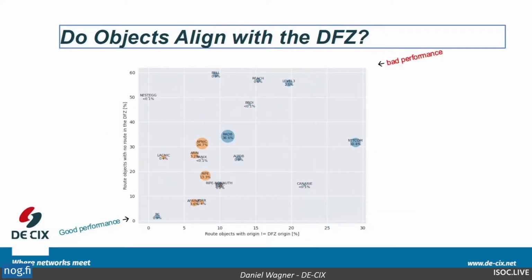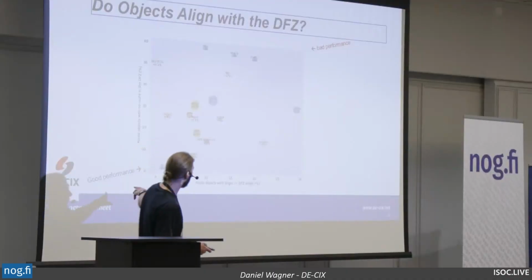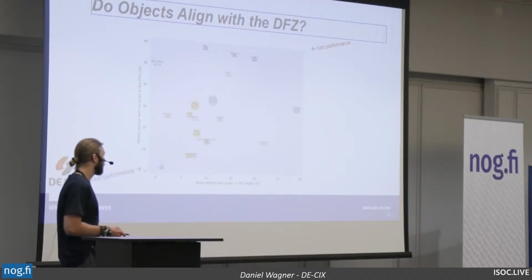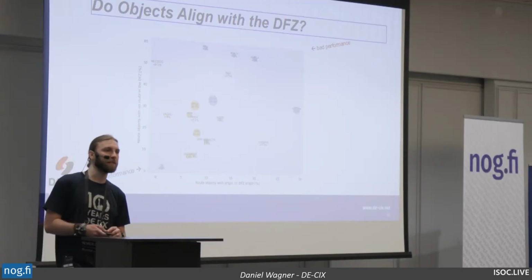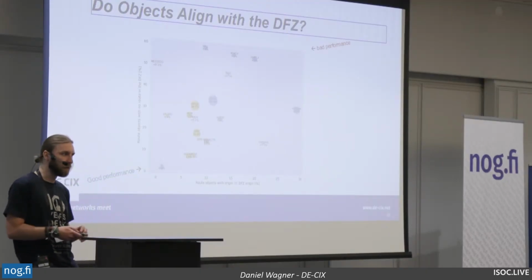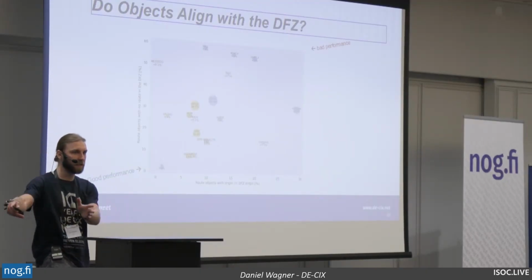For this plot, once again, we took all the route objects that we found and quantified them by the size of the bubble, in which database they live. And then on the x-axis, we check if the route objects have the same origin as actually seen in the default-free zone. So is the route object in coherence with what is in practice?